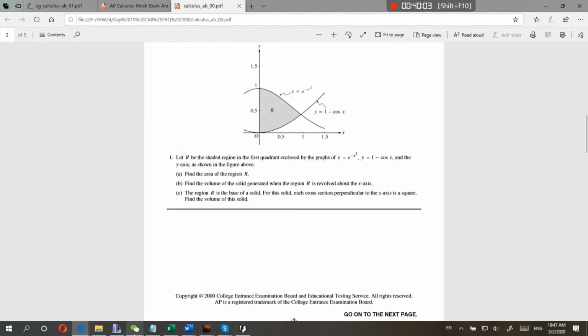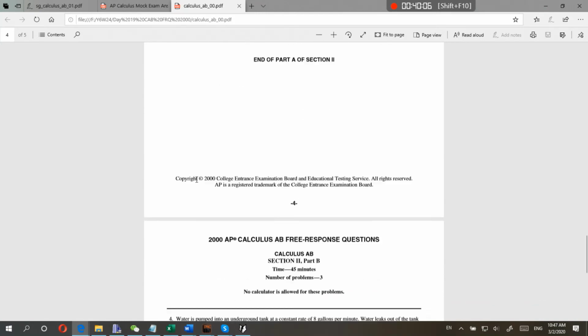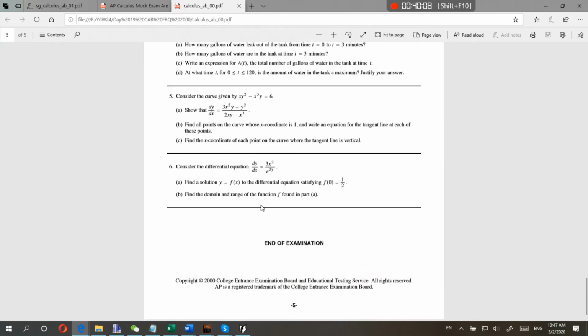Yes, number 6. I don't understand how to do differential equations.